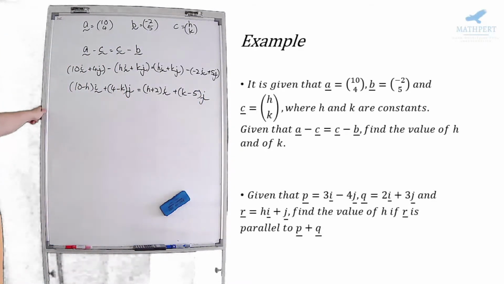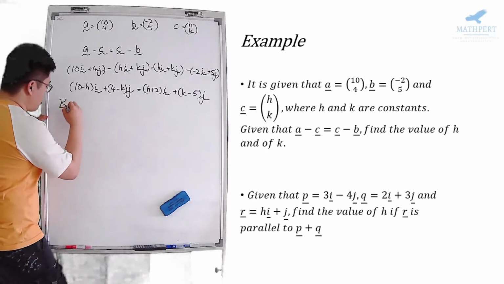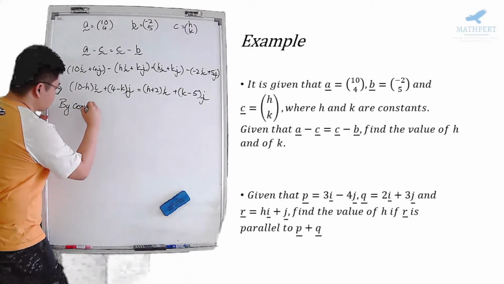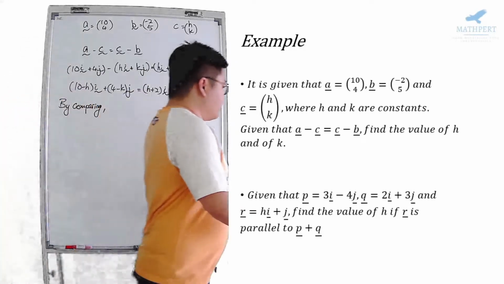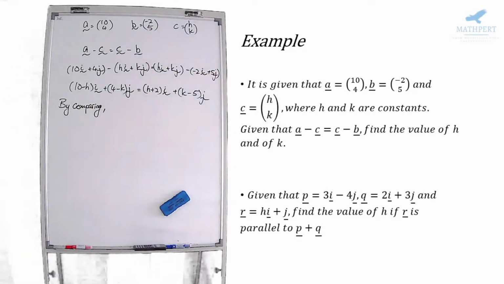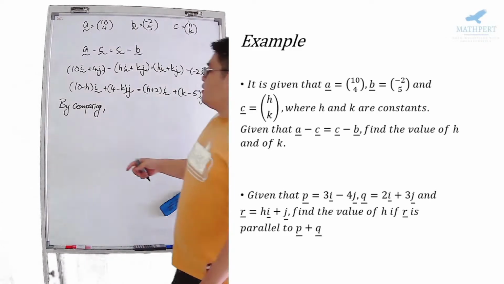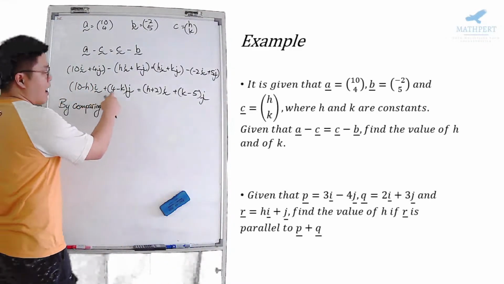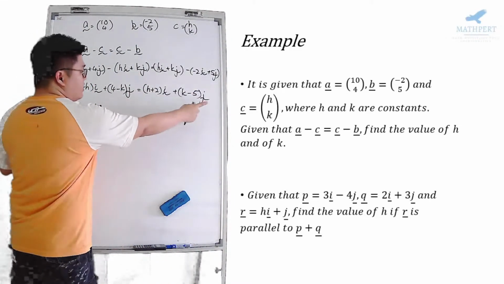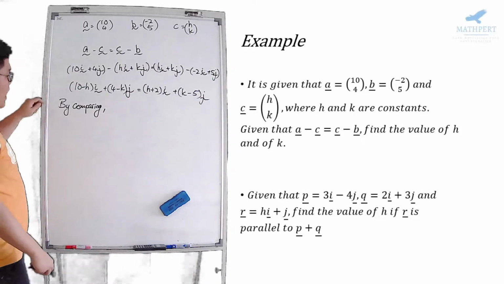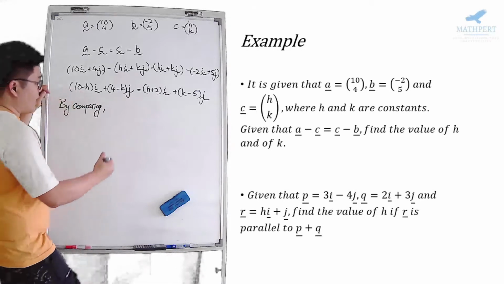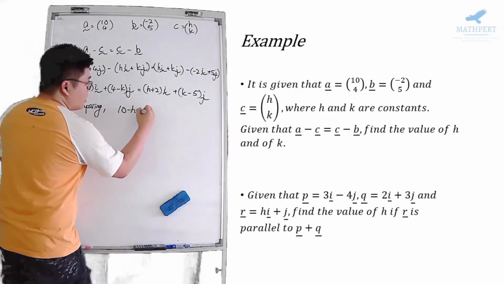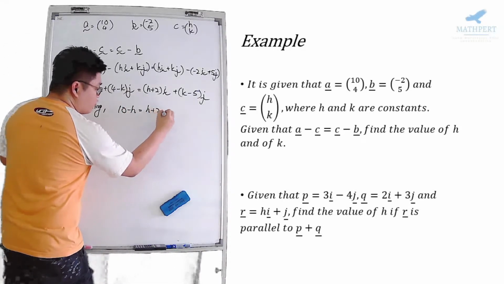Alright, so how do we do this? By comparing. When you compare, how do you compare? We compare i and i, j and j. Let's compare i first. So we have 10 minus h is equal to h plus 2.